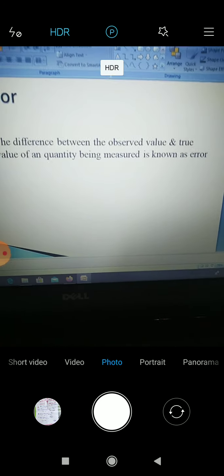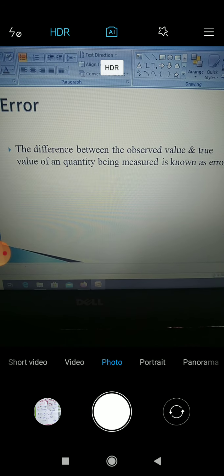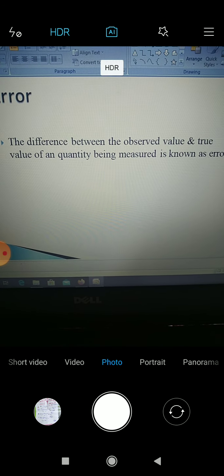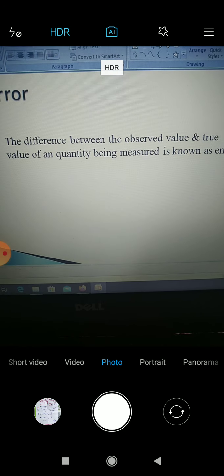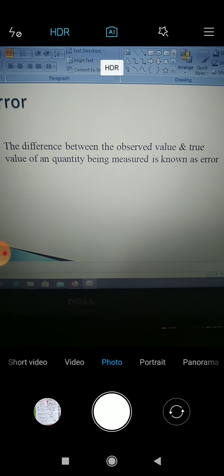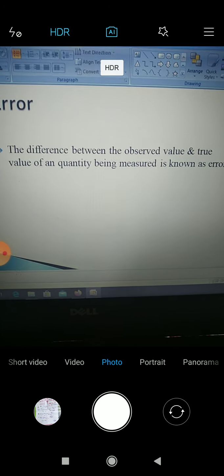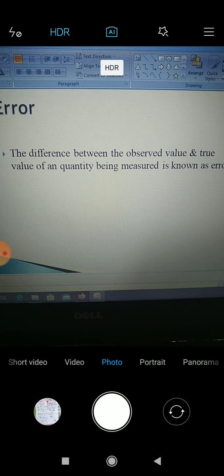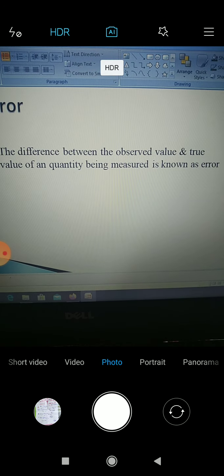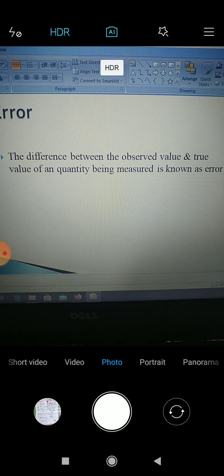Error is defined as the difference between the observed value and the true value of a quantity being measured. Take one example: observed value and true value.